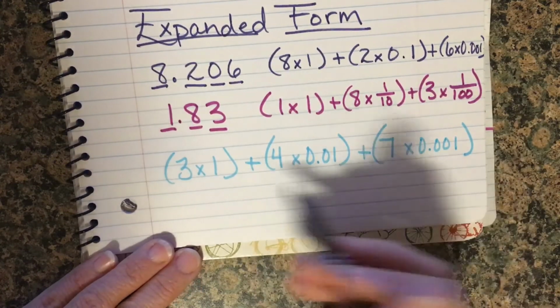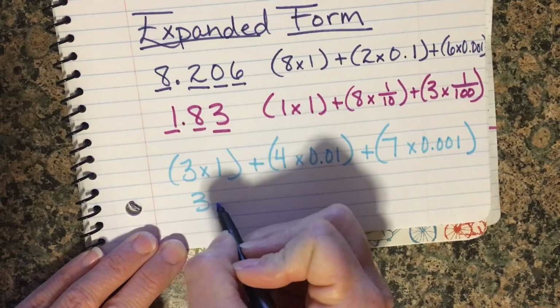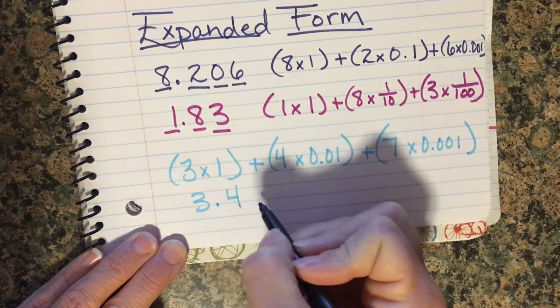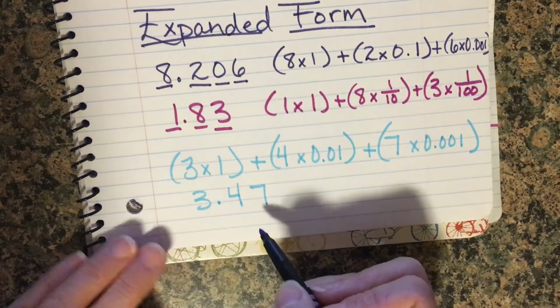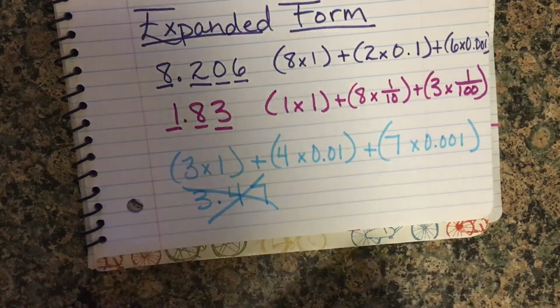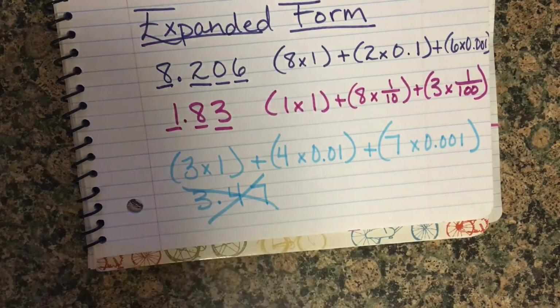A lot of kids see this and they say, well, that's easy. It's 3 and 47/100ths, or 3.47 is usually what they say. That is wrong. You have to be really, really careful on these.